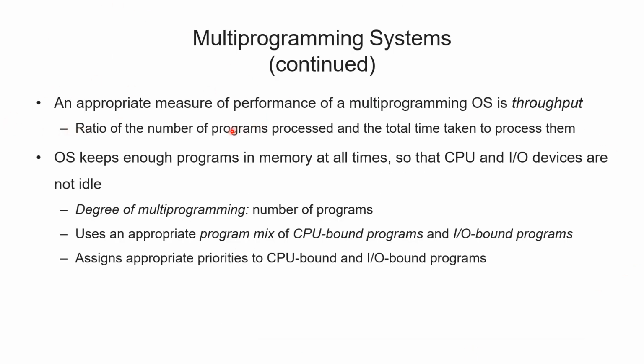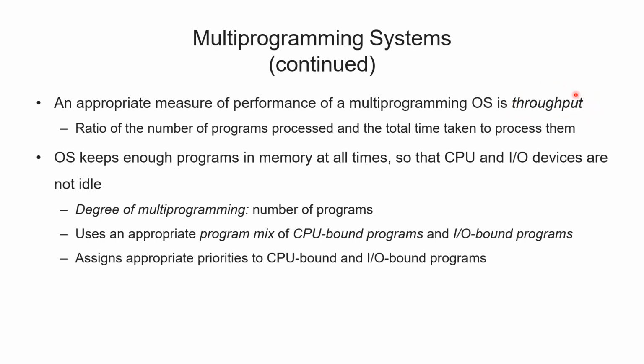Now we have talked about memory management, input output management and scheduling, and also that system performance and user service are good. How do we measure system performance? An appropriate measure of the performance of a multiprogramming OS is throughput.